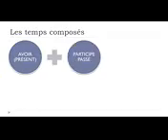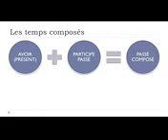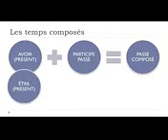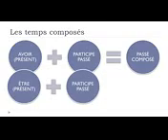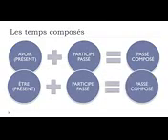Then you will put your participe passé form, and you will get this passé composé. Remember that in some cases, exceptions or reflexive verbs, you know, these se verbs, you will have to use être at the present tense as well, plus le participe passé, and you will get this passé composé.